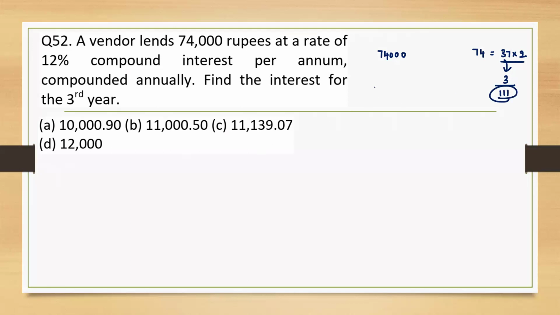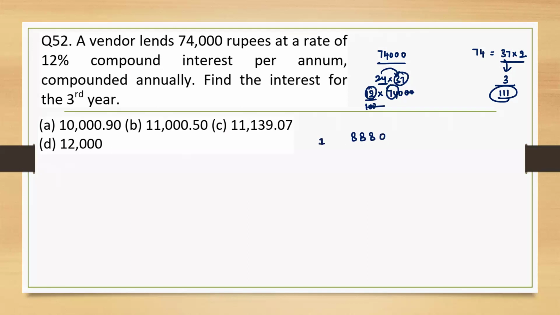If you want to find out 12% of 74,000, 12% means 12 by 100 into 74,000, two zeros get cancelled. You need to do 12 into 74, which means 37 into 24. If 3 is gone, it becomes triple one, and into 8 is 888. Or else you normally multiply, you're going to get 8880.